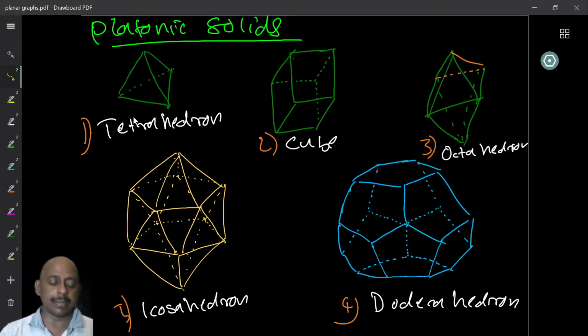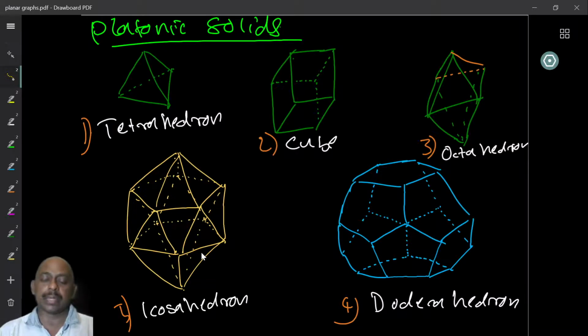Am I right? 30 edges. And 20 faces plus 12 vertices, yeah, exactly. So you have 30.